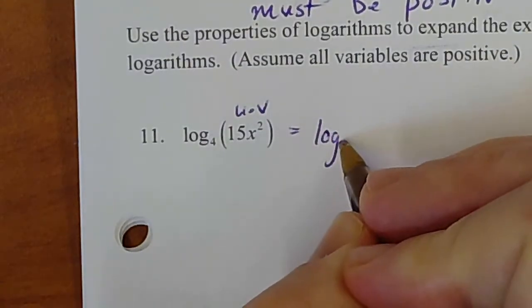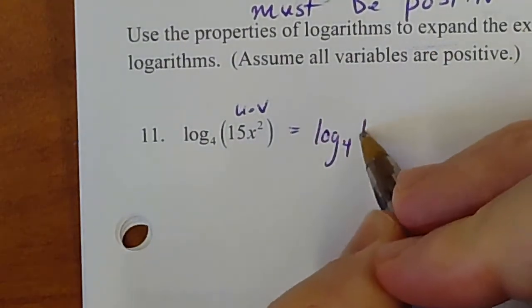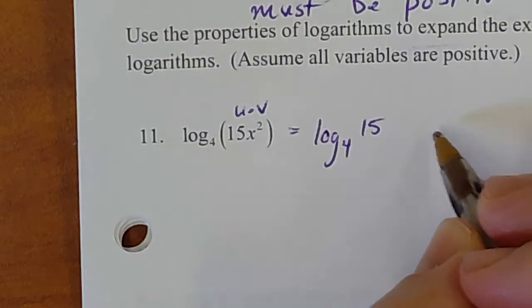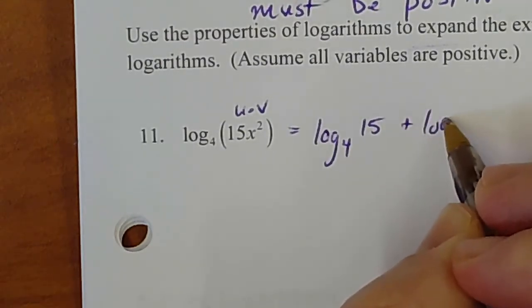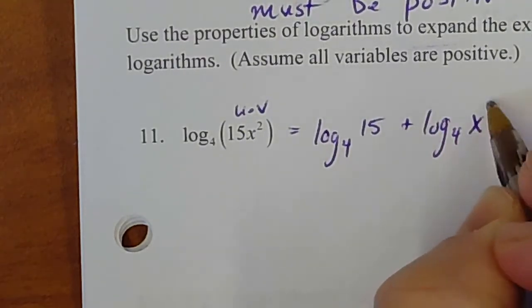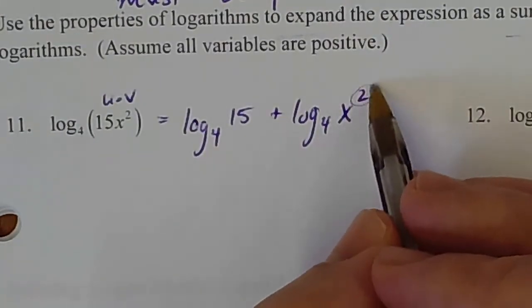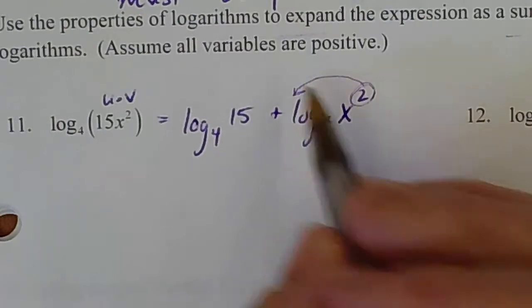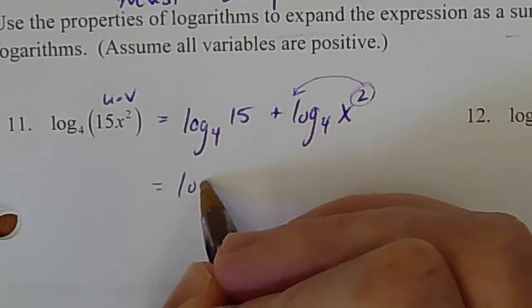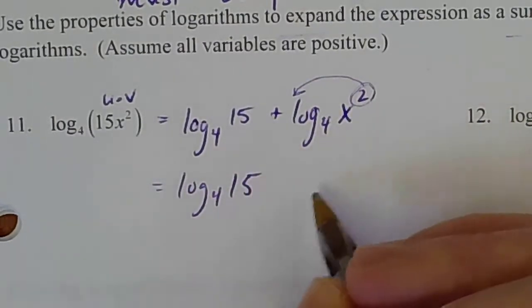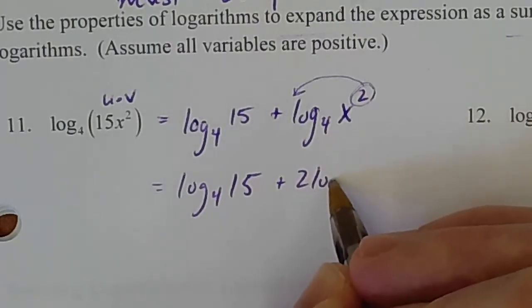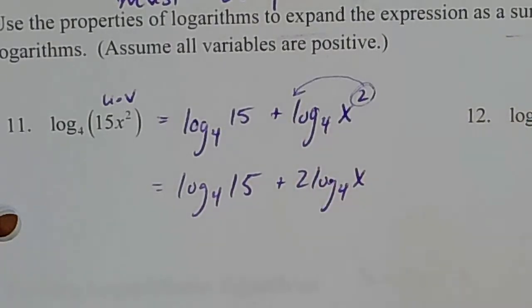So log base 4 of 15 plus log base 4 of x squared. Okay, and then we got the power property going on. So the 2 is going to come out. So I have log base 4 of 15 plus 2 log base 4 of x.